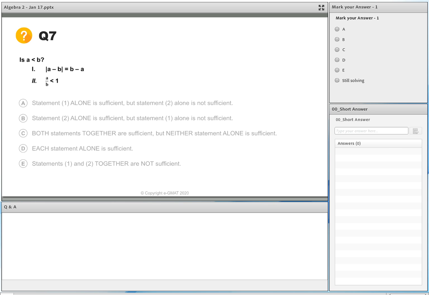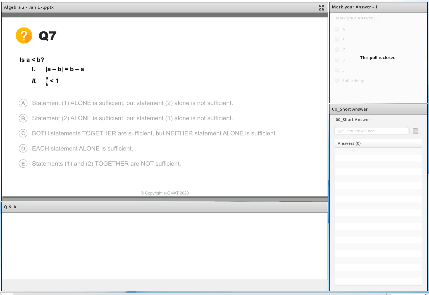All right, 10 more seconds for this question, guys. Let's mark the answers if you have not marked them yet. 5, 4, 3, 2, and 1.